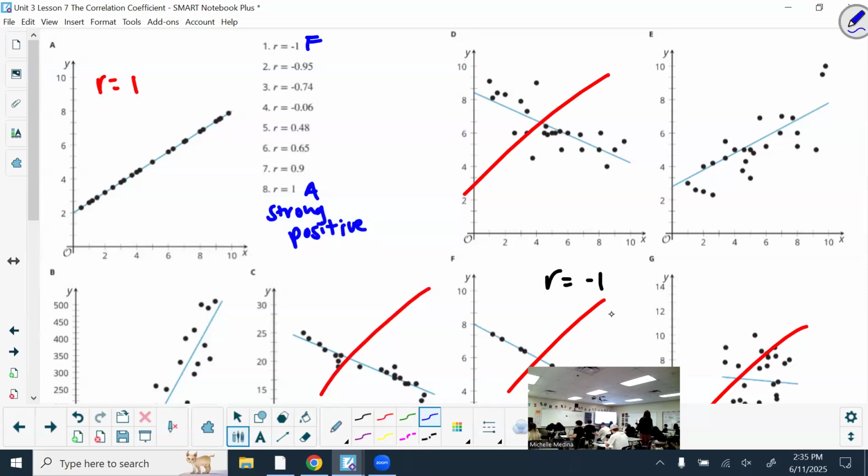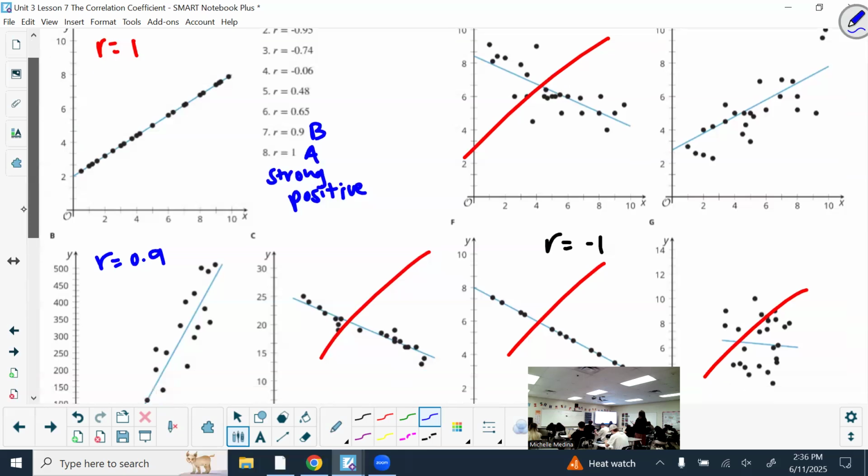Logan S, tell me another match we were able to make. 7 is B. Is that what you said? Yep. All right, so let's look. If we're saying that R value is 0.9, look at the ones that I haven't crossed out. The ones I haven't crossed out are all positive, like 0.9 is positive.